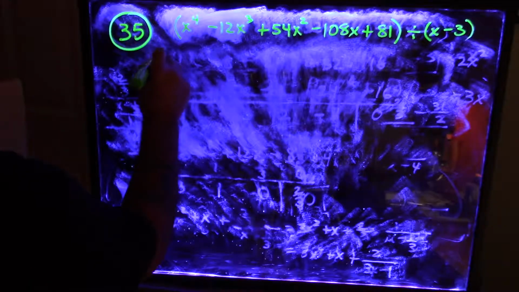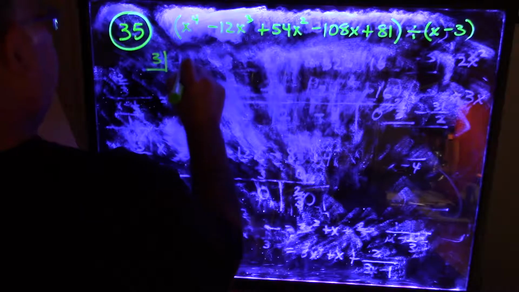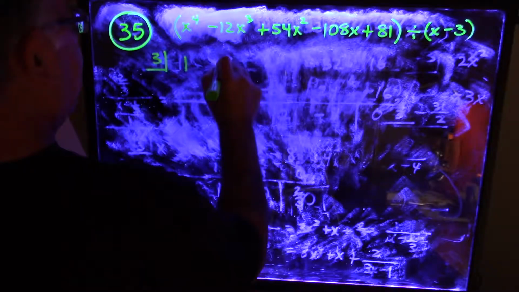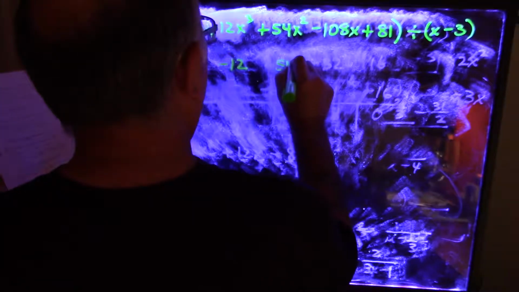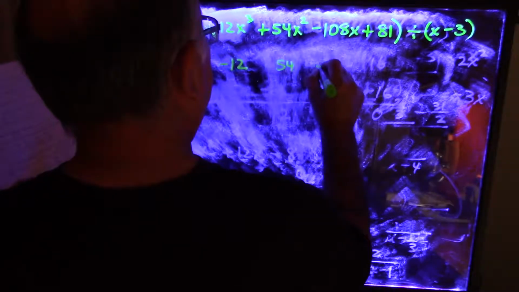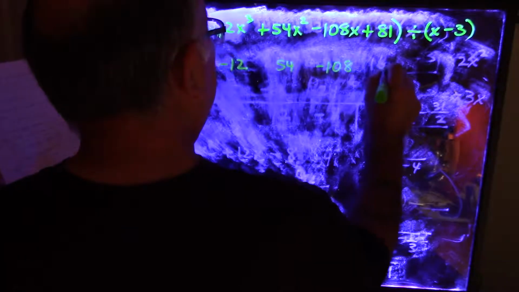Alright. The coefficients are 1, negative 12, 54, negative 108, 81.